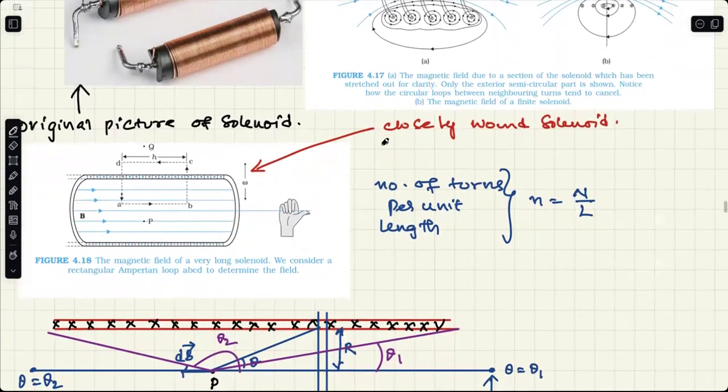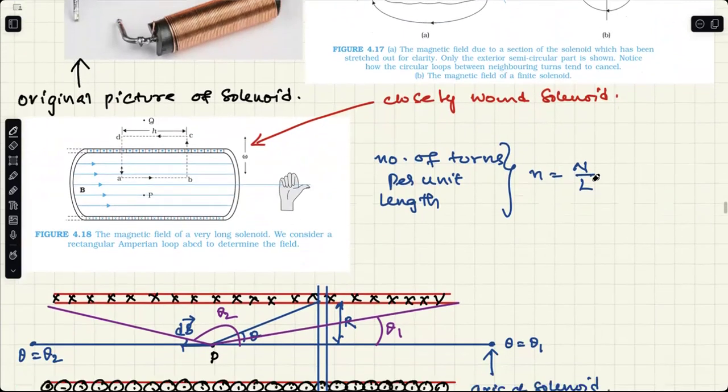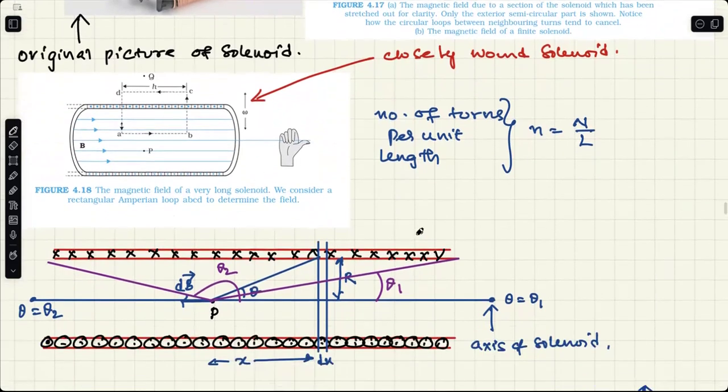When I say long solenoid, I will use a word called number of turns per unit length. That is described by small n is equal to capital N by L. Now you take an arrangement like this. We are taking a principal section.